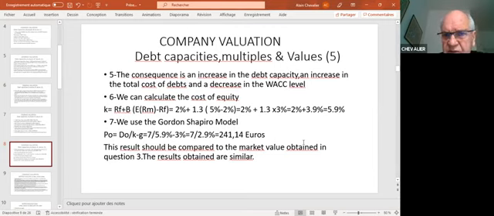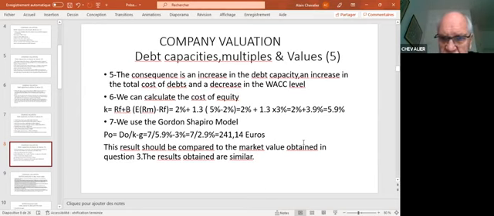We know the risk-free rate, which is 2%, beta, which has been calculated, which is 1.3, and we can apply in a very classical way the formula. And we get at the end 5.9% for the capital asset pricing model for the cost of equity. When we move to the Gordon-Shapiro model, that's what I was explaining, you get the value of K you just calculated, 5.9.